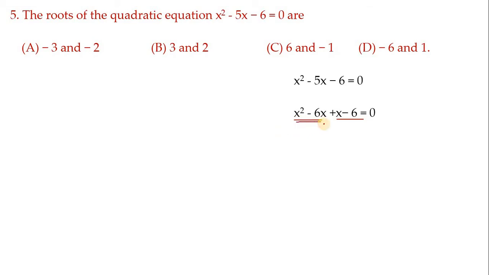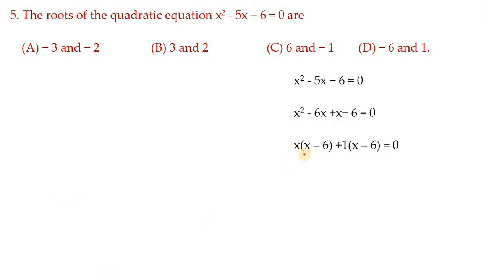Now here take x as common factor, and here nothing can be taken as common factor, hence we can take 1 as a common factor. After taking x common, here we get x minus 6. Now if you take 1 common, here we get x minus 6.